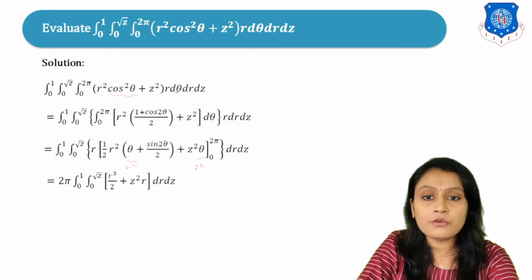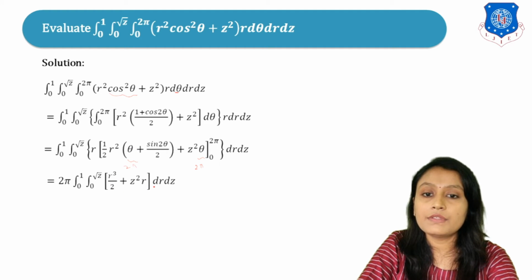Now we know sin 4 pi is 0, so this term is gone. So what remains is r into r square, that is r cube upon 2, plus z square into r. So it will give you z square r dr dz. And when you substitute the lower limit, this whole term goes to 0.